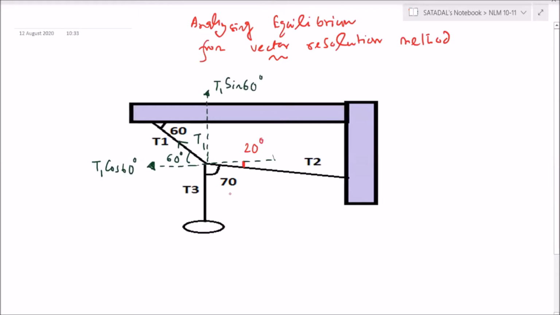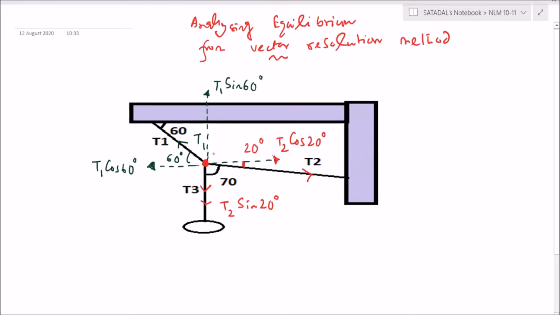So if I take this 20 as the base angle, then this is T2, so this component is going to be T2 cos 20 degree. What about the sine component? Sine component will become T2 sin 20 degree. Already T3 is present in that direction.